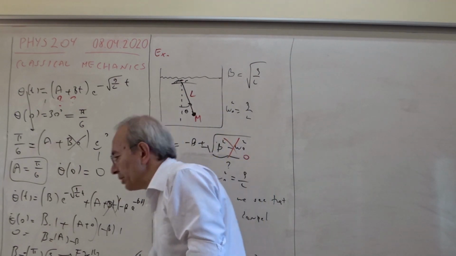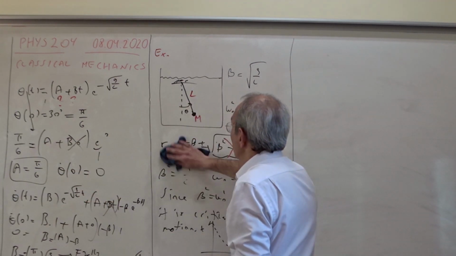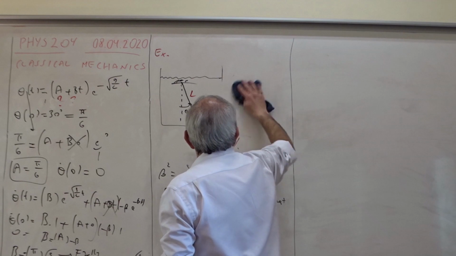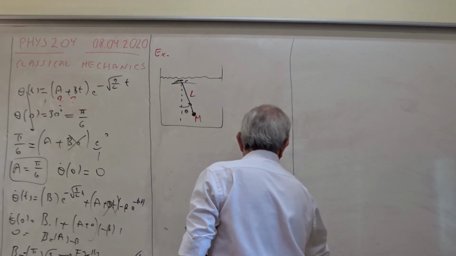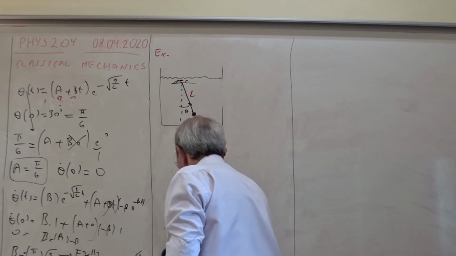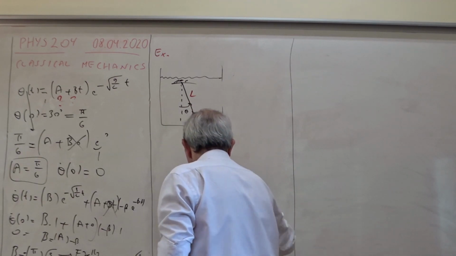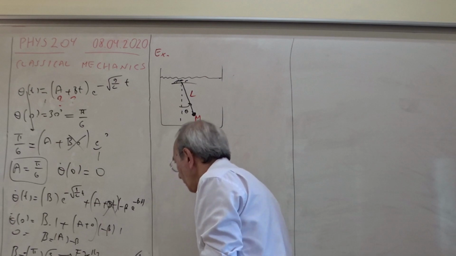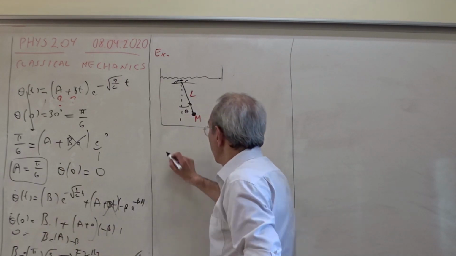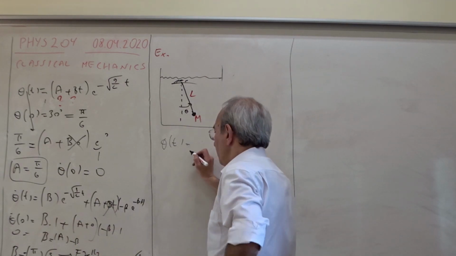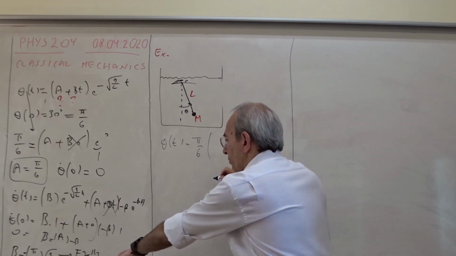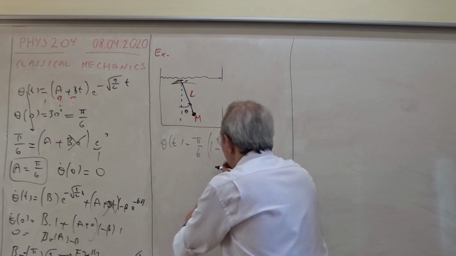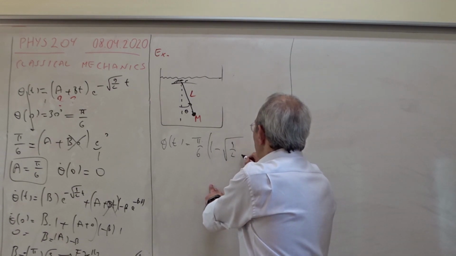Let me write it in a better way and also write the velocity. So take pi over 6 outside. Theta of t will be pi over 6 multiplied by 1 minus root g over L times t.